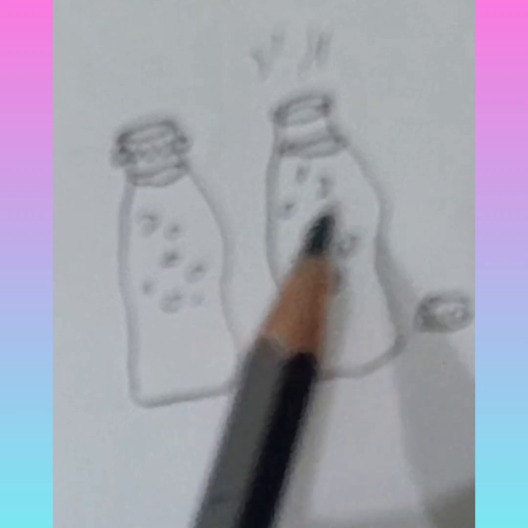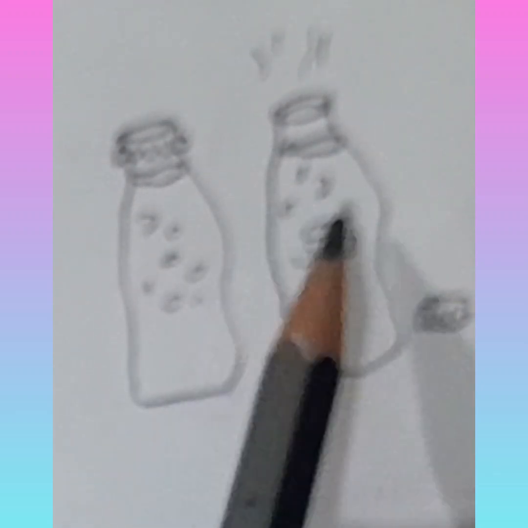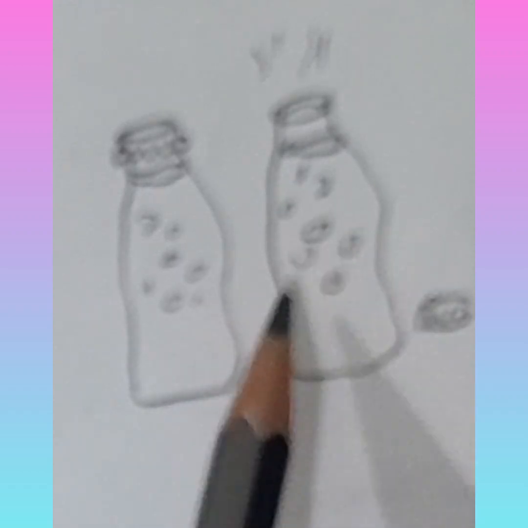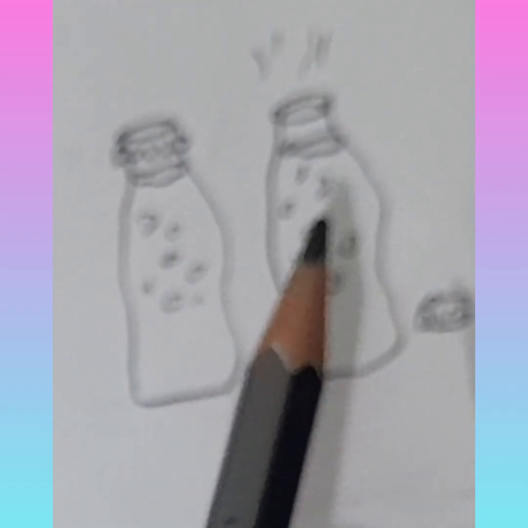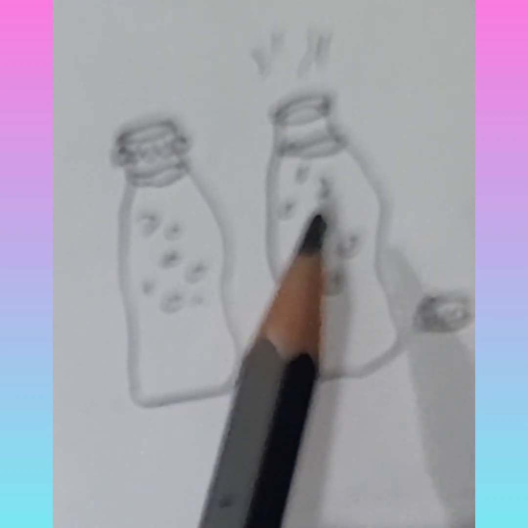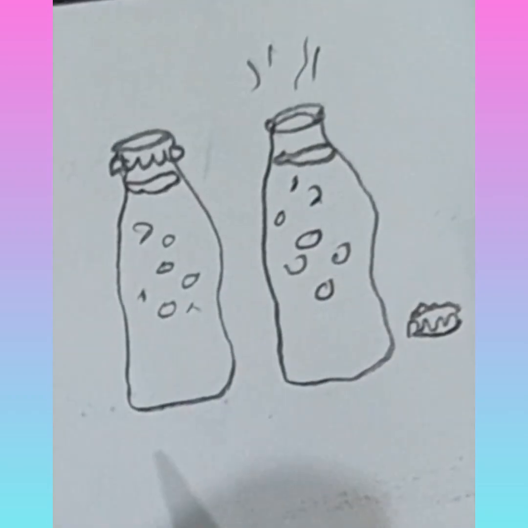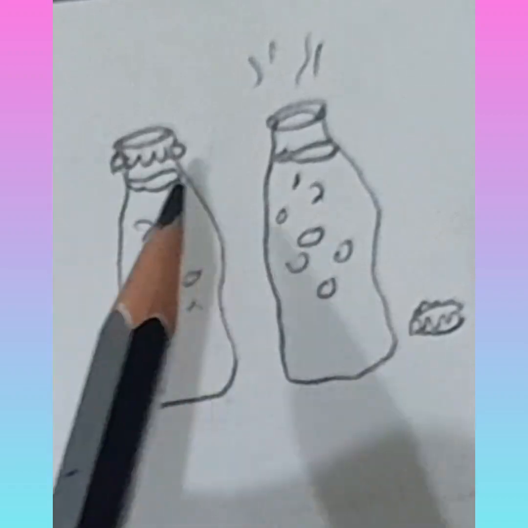Friction is generated between the lamellar layers of liquid in the bottle. And by friction, we know heat is generated. Since heat is generated, the remnant gas in the bottle expands, and as a result it again comes out.